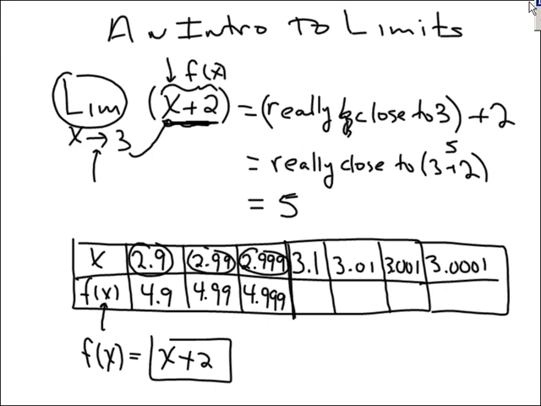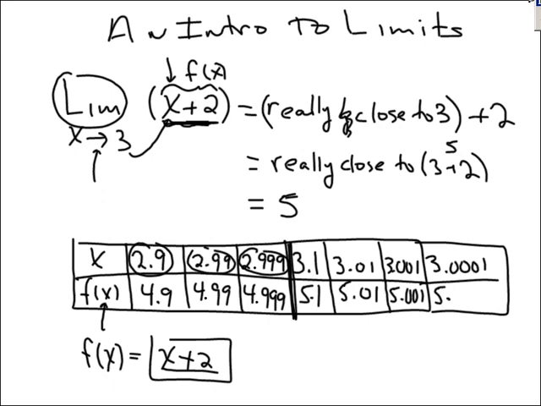Now, to the right of this line, the x's are all more than 3. Well, no matter what x is, to find f of x, you add 2. Get 5.1. Now that's somewhere close to 5. But here's an even closer number, 5.01. 5.001.